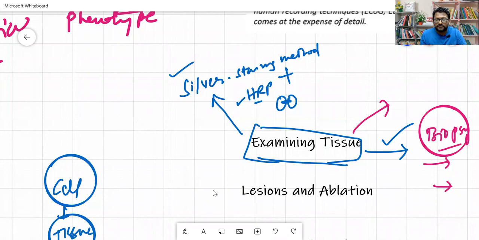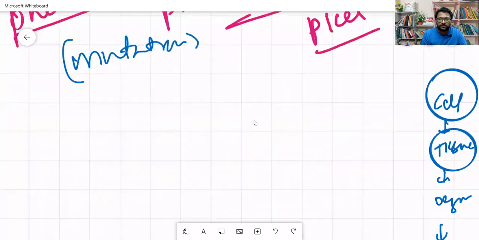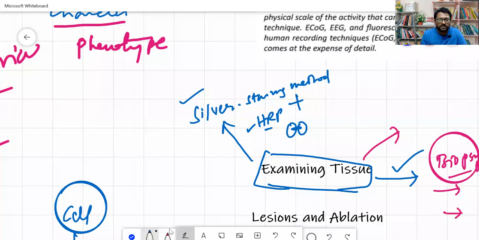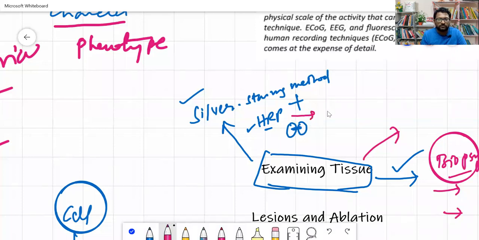Advancement was seen in the past decade, and right now we can use the scanning electron microscope to get the surface details of the neurons or synapses, and we can use the silver staining method or horseradish peroxidase for that matter. HRP means horseradish peroxidase.